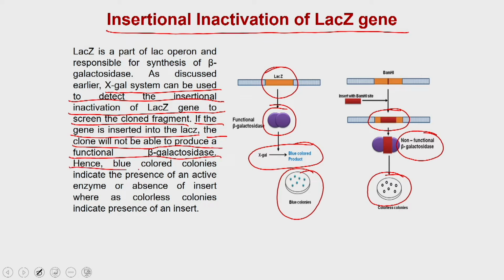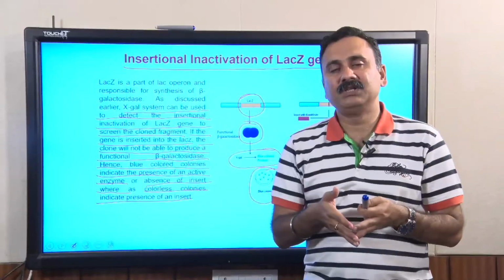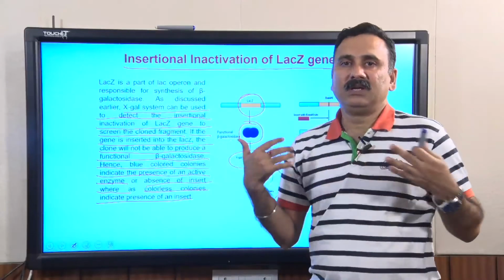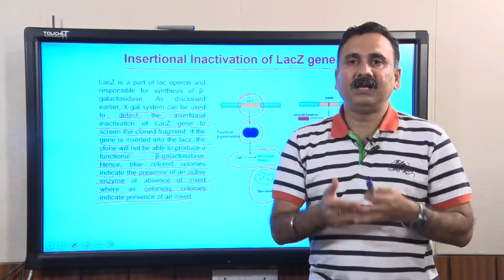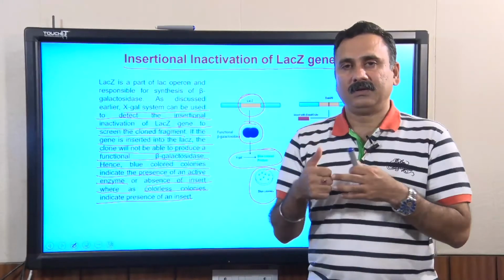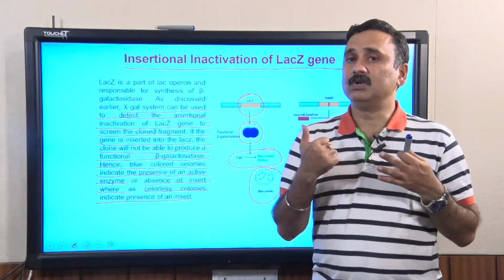Hence, the blue colonies indicate the presence of an active enzyme, or the absence of insert, whereas the colorless colonies indicate the presence of an insert. Okay. So, this is one of the examples where insertional inactivation in the lacZ gene gives you the criterion to screen the transformation of the clone into the host.